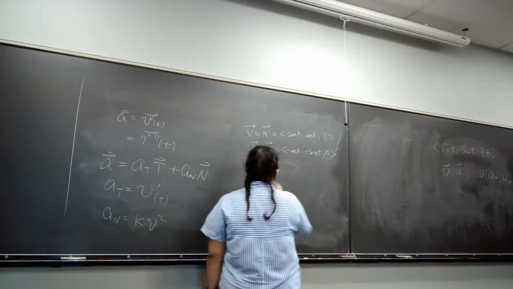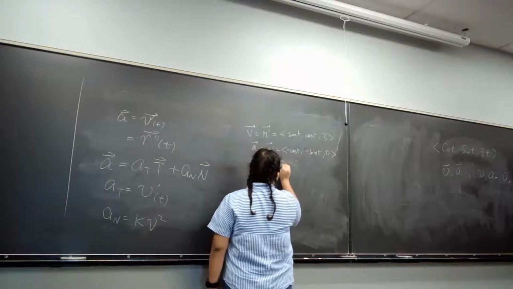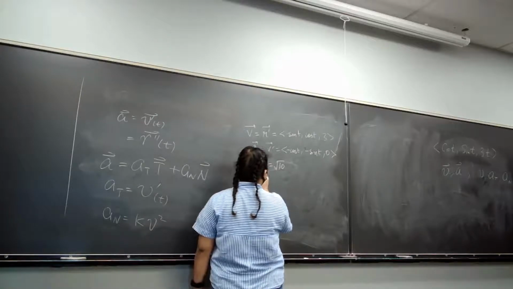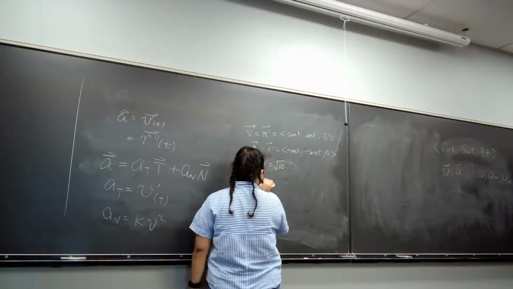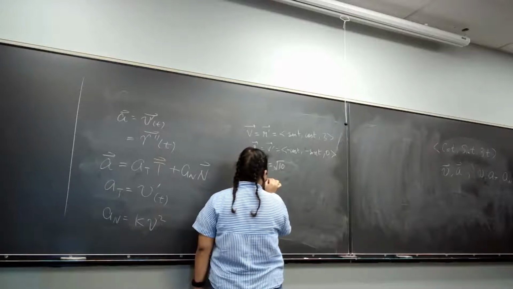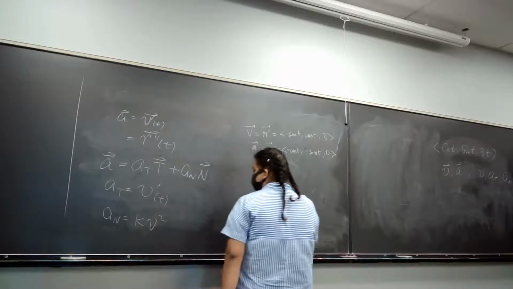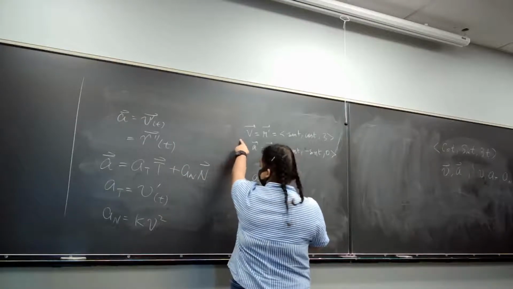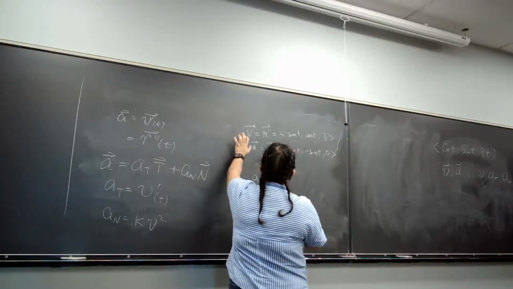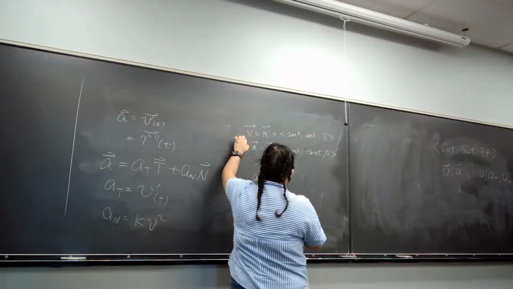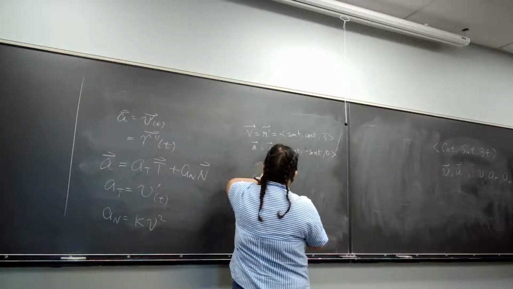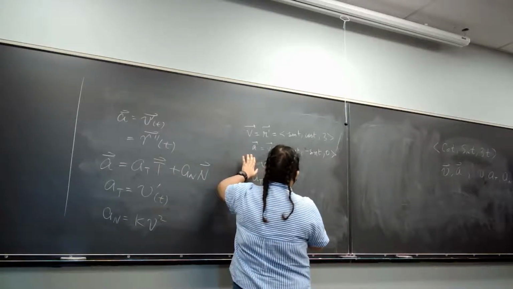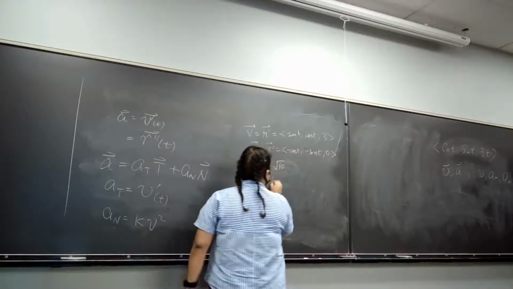It's just a different way. So it's the derivative of this? No, the derivative of v, the scalar. The derivative of speed. And speed is? Speed is equal to root 10? Yeah. So 0? Yes. Okay.